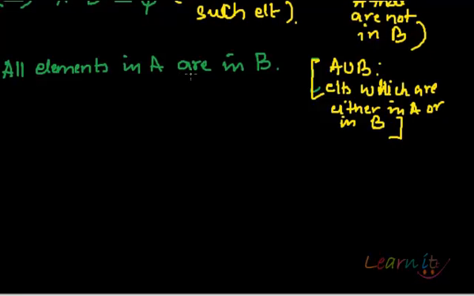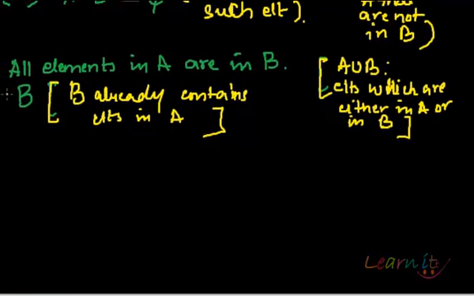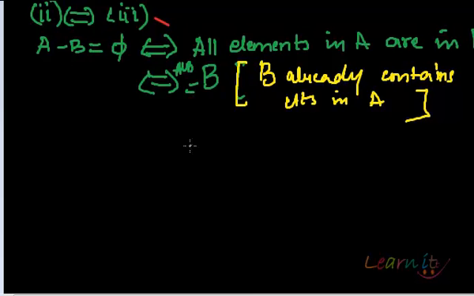Whatever elements are there in A are also in B, plus whatever more elements are in B. So it should actually be equal to B, because B already contains the elements in A. So the complete B is the union. That is, A union B equals B.